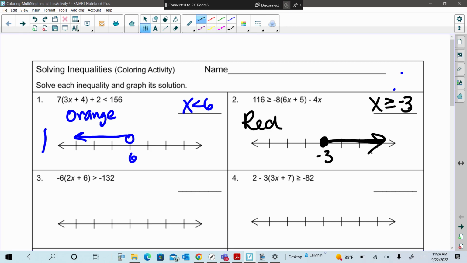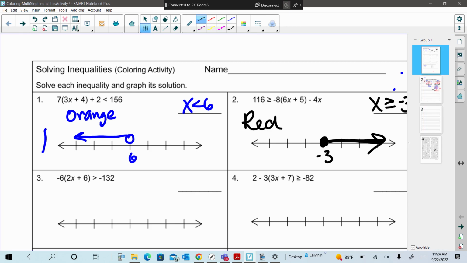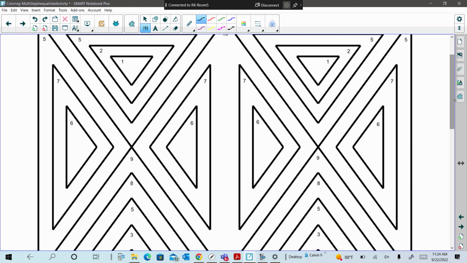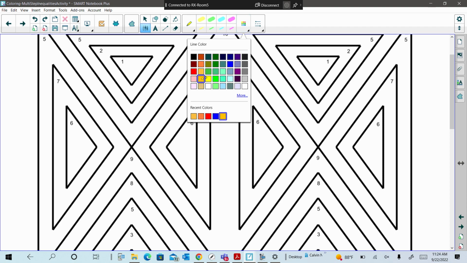Now, listen up. The back of your worksheet is extra credit. I am checking only the front, but then the back will be extra credit. So the way the back works, number 1, our color was orange. So anywhere I see a number 1, I'm going to color in that little space orange.